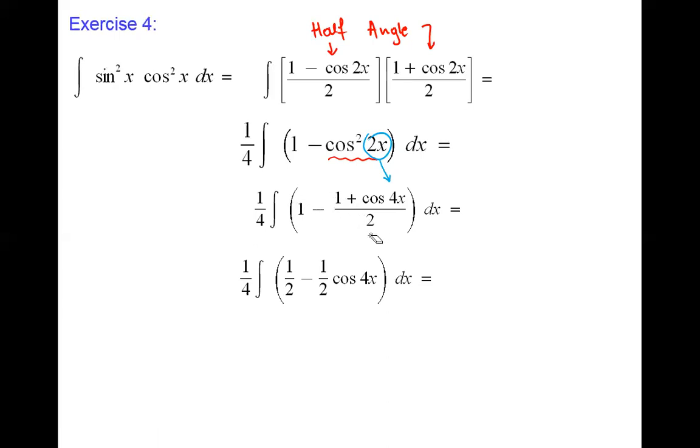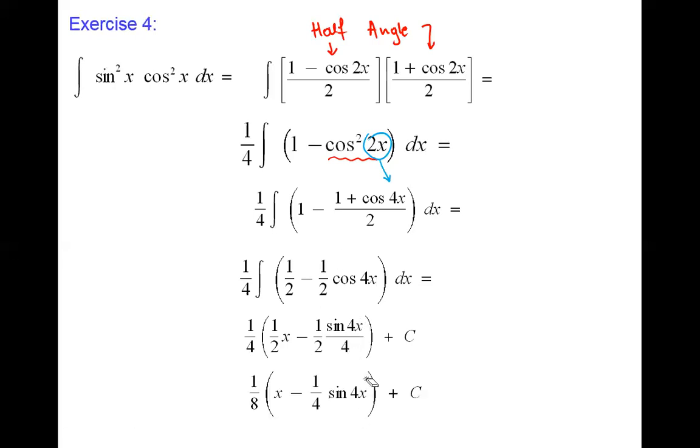That means 1 minus 1/2 is just 1/2, and cosine 4x over 2, which will be cosine of 4x times 1/2, and this negative is affecting that plus. That means we do have subtraction. Integral of 1/2 dx is 1/2 x. Integral of cosine of 4x is sine of 4x over 4. Oh, actually, I did factor out 1/2. 1/2 and 1/2 in front of the integral will be 1/8, combining with this 1/4. And this will give me just x and just sine 4x over 4.